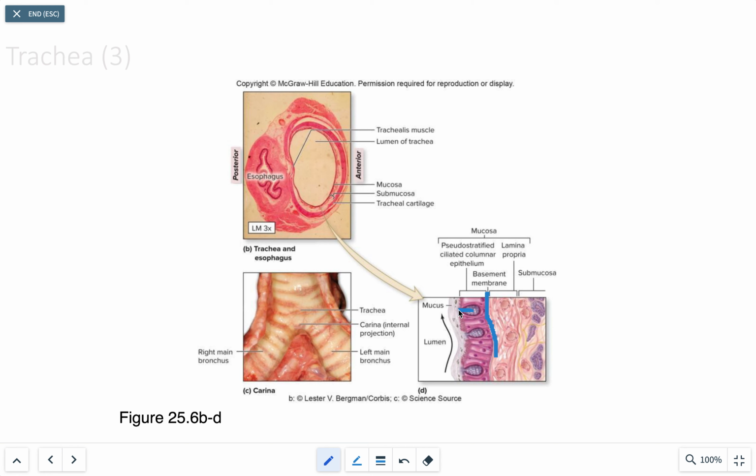So as mucins are produced, the cilia would then move anything that's trapped, an antigen or an irritant. It would then be able to move it with the beating of the cilia to eventually maybe elicit a cough or a sneeze or something to allow the irritant to be cleared out of the airway.